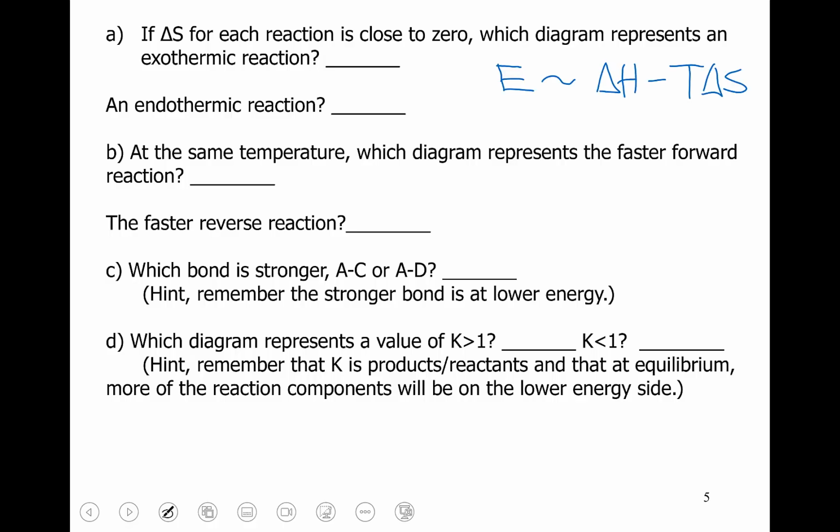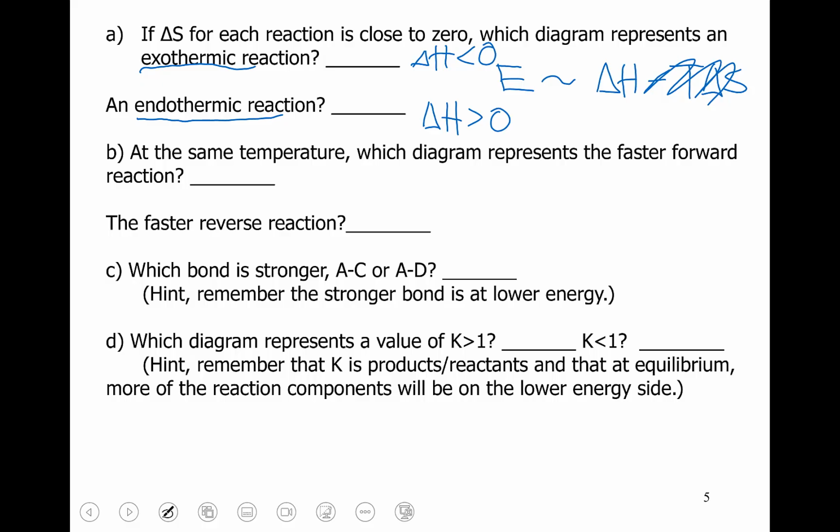So essentially the energy of these diagrams, which is the Gibbs free energy, is delta H minus T delta S. And if S is close to 0, then the energy reflected in these diagrams is going to be close to delta H. We know for an exothermic reaction, delta H is less than 0. And for an endothermic reaction, delta H is going to be greater than 0.